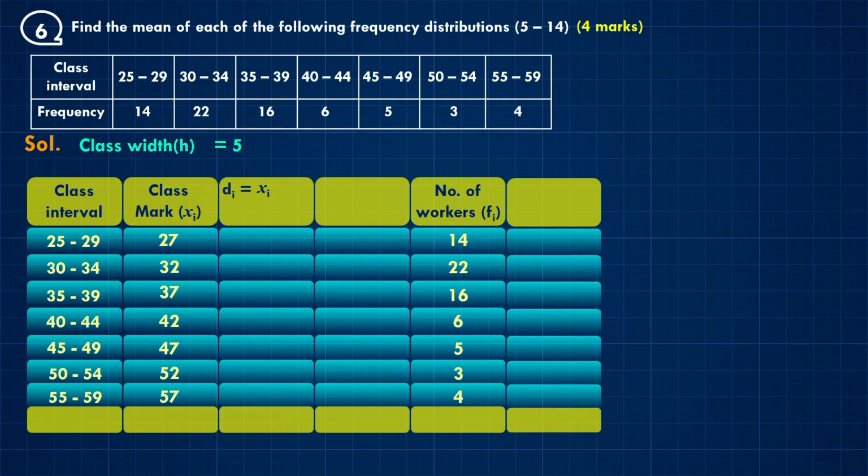Now let's calculate di, that is xi minus A, where A is the assumed mean. Here let us consider 37 as the assumed mean. So now calculate xi minus A, that is minus 10, then minus 5. In this way, let's fill all the di values.